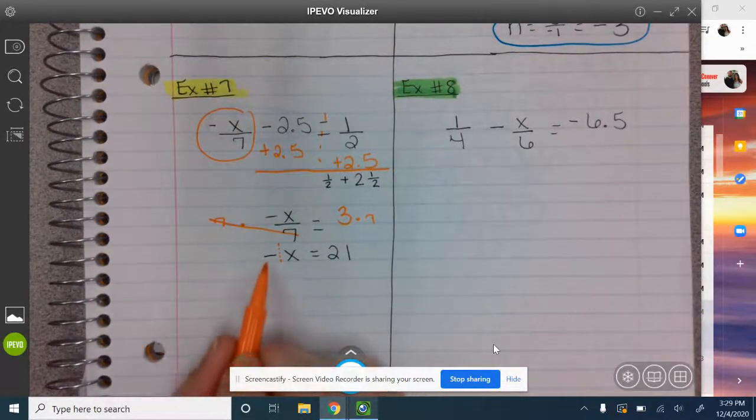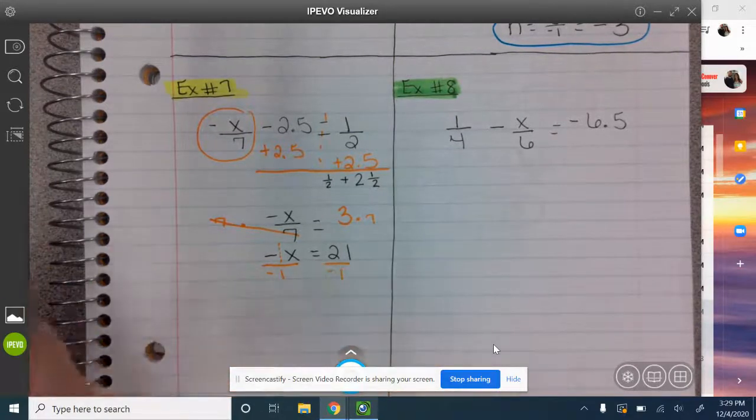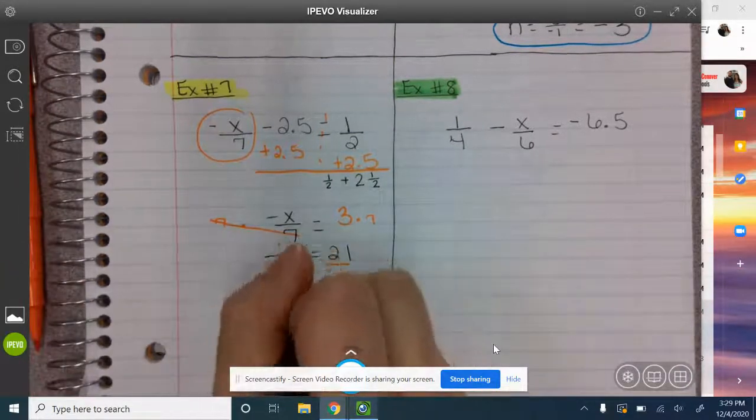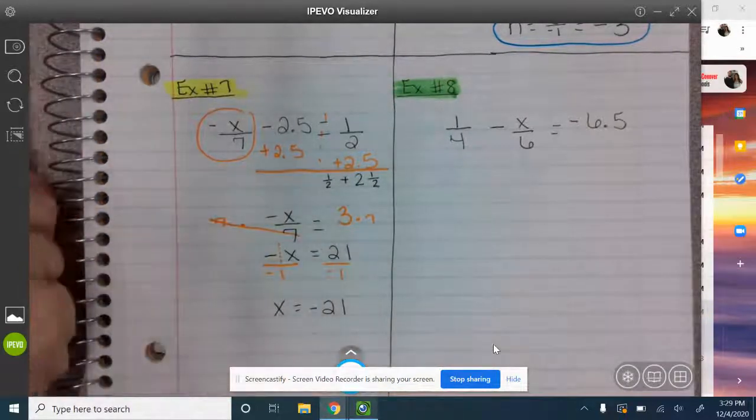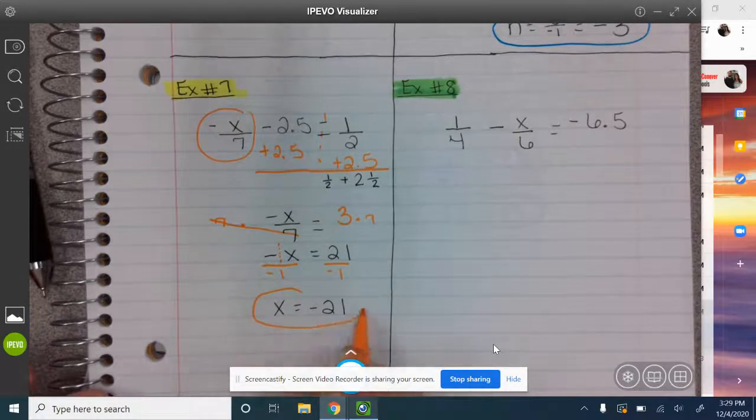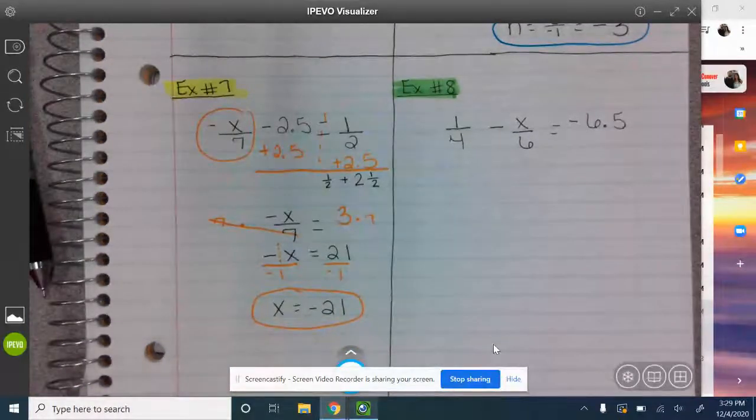So how do you undo negative 1 times x? You're going to divide by negative 1 on both sides, and we have x equals negative 21 as your answer at the end.